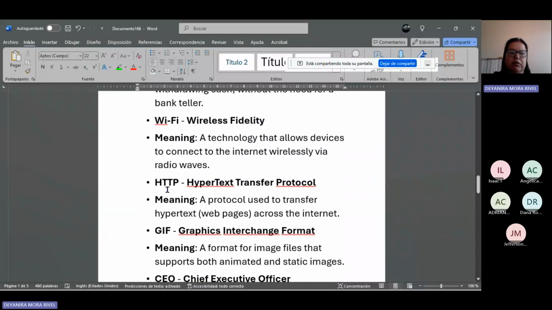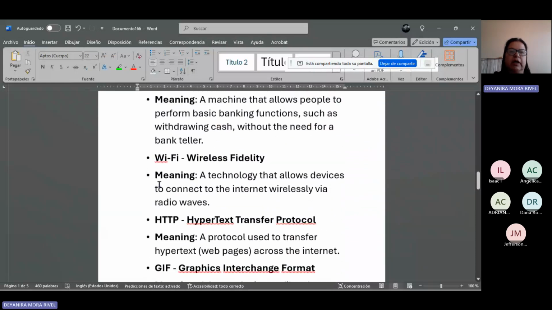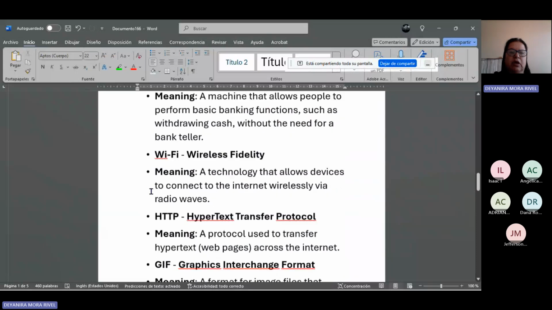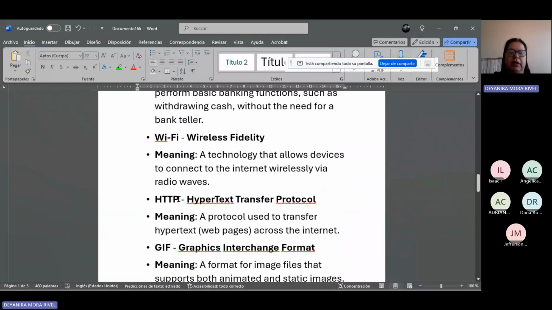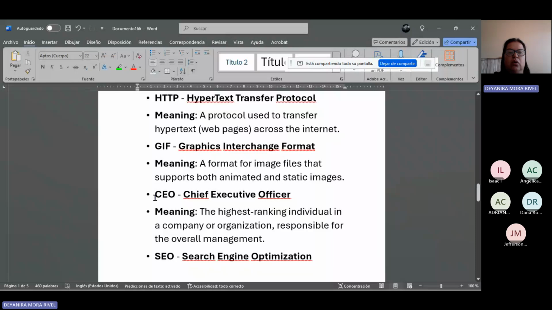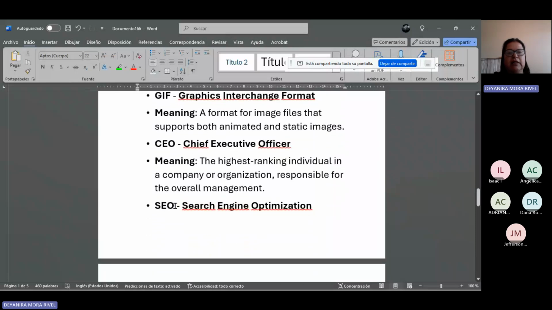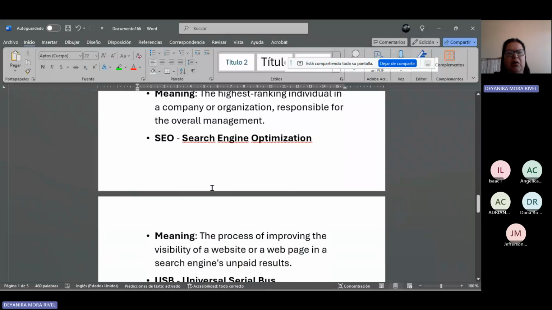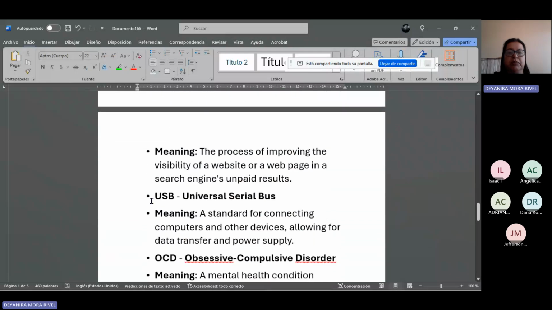Entonces, aquí es donde vemos un montón de nuevos que se hacen por acronyms. For example, HTTP, which is used for computers, right? A GIF, like we said, CEO, we know this one, Chief Executive Officer, SEO, Search Engine Optimization, USB, Universal Serial Bus, that is the meaning.